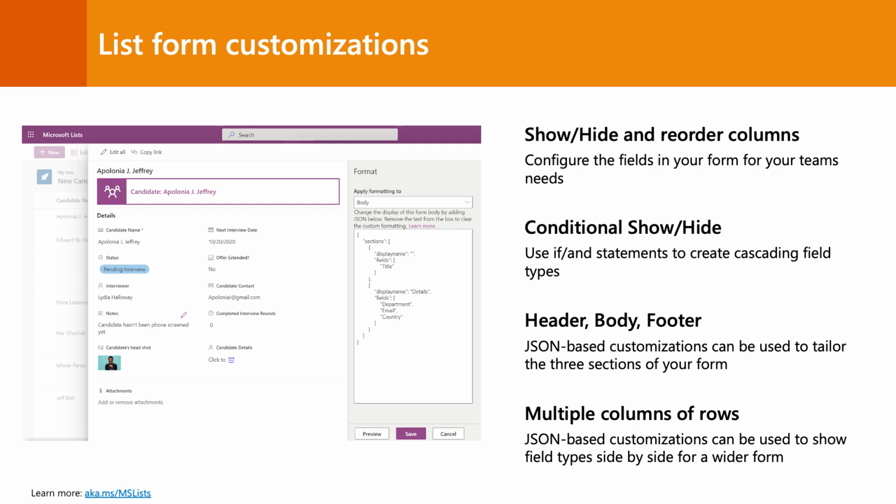And then lastly, we made this form beautiful directly inside of lists. I created a custom header with my JSON-based customizations, and I added multiple columns in my form so that no scroll bar was needed with the JSON adjusting the body. In this new form, you have the ability to separate out the header, body, and footer of the form to make it match your needs.